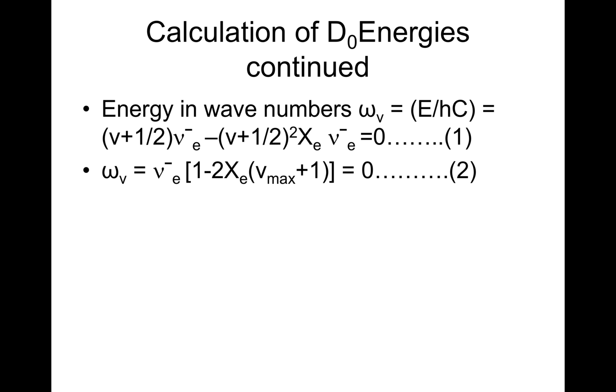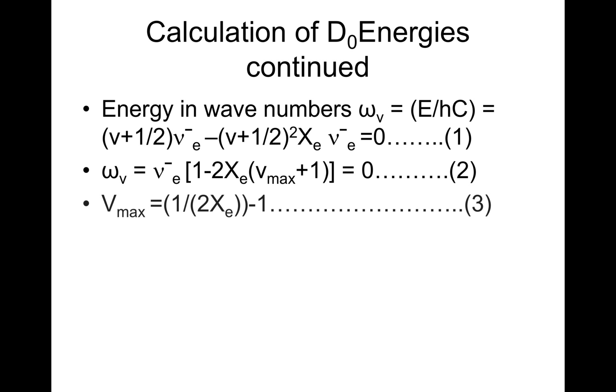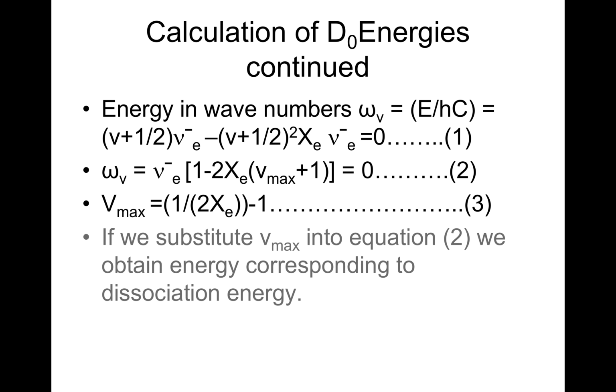That's equation 2. On sorting out the algebra, Vmax becomes 1 over 2XE, minus 1. If we substitute Vmax into equation 2, we obtain the energy corresponding to the dissociation energy.